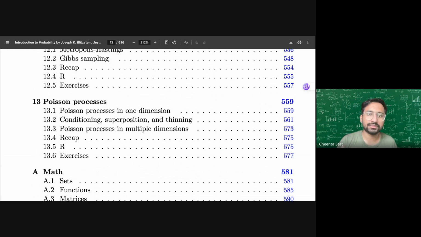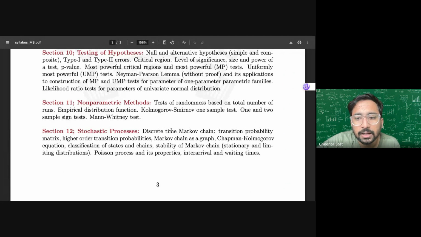What is the behavior of a sequence of random variables where there is an interrelationship? Markov chain is based on something called the Markov property, where xn is of course dependent on past data, but it just depends on the immediate past, like xn minus 1. If you see the syllabus, they have discrete time Markov chain. So that is helpful for you.